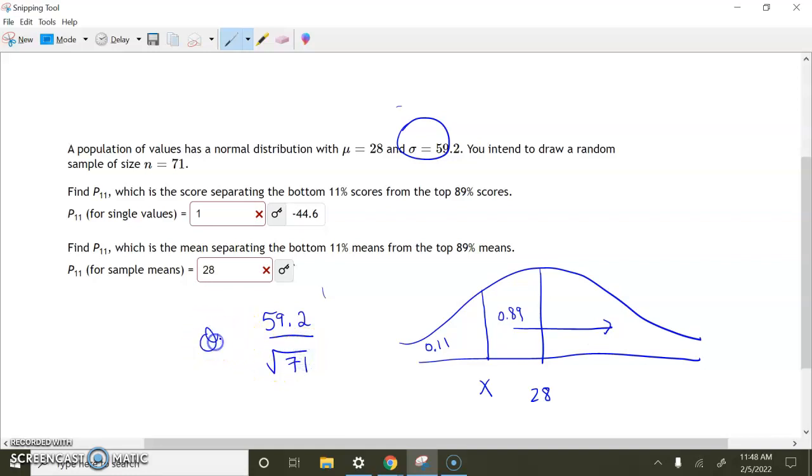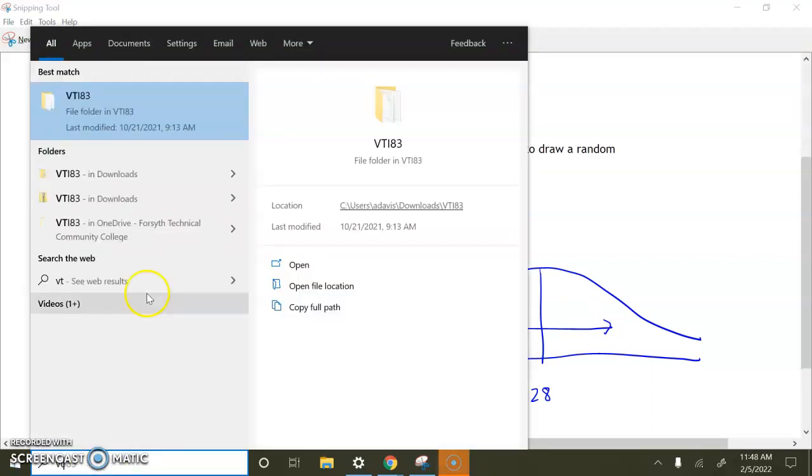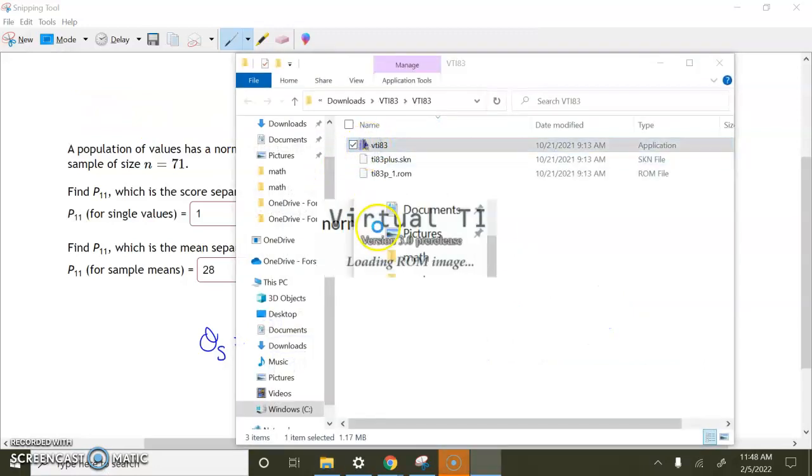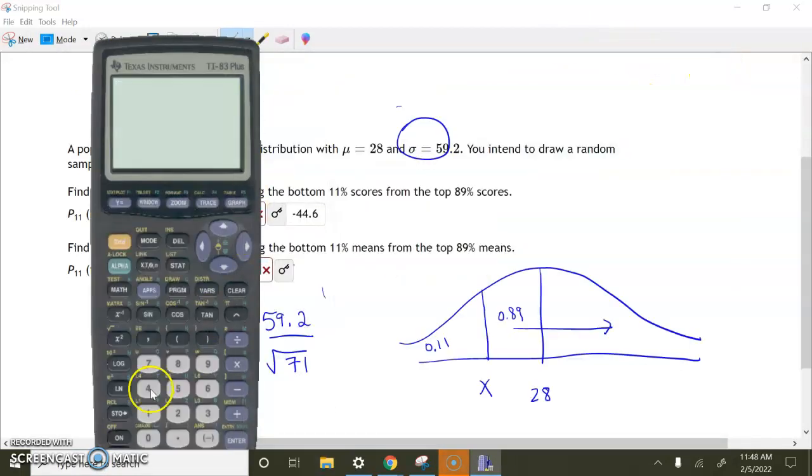So we have to adjust that standard deviation for the sampling distribution. Let me bring up a calculator. We'll say 59.2 divided by the square root of 71.